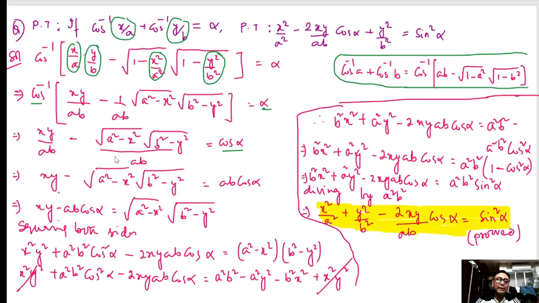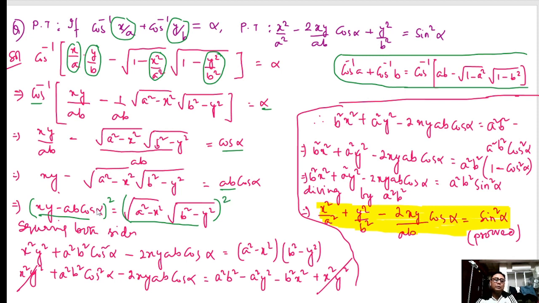Taking the LCM, ab gets multiplied with this. Now what we are doing is keeping the root separate and others separate, and squaring both sides. So this will be a minus b whole square, and this will also be squared.